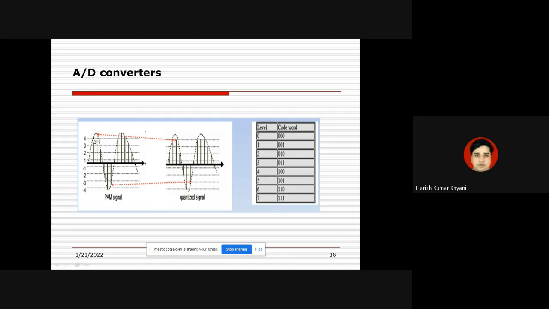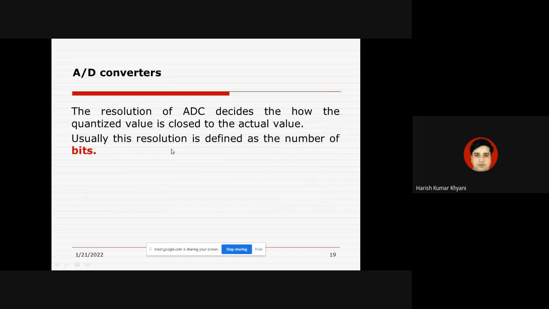So what we have done is the extra portion of this third sample is discarded, and sample 2 and sample 3 both are assigned the same value, right? So in this way, the infinite samples are converted into finite samples just by discarding the extra portion.